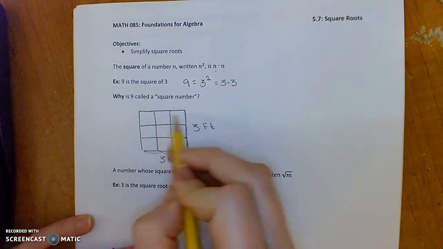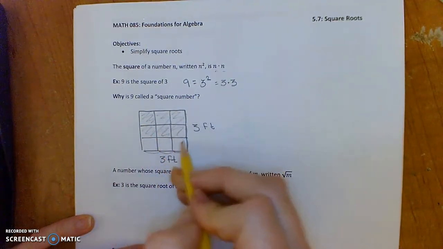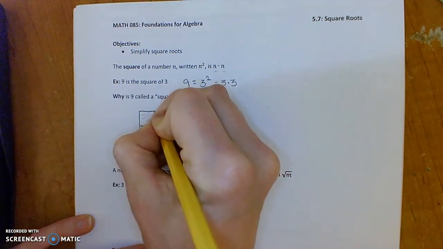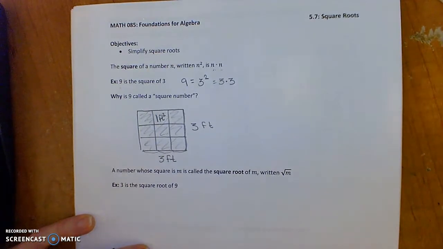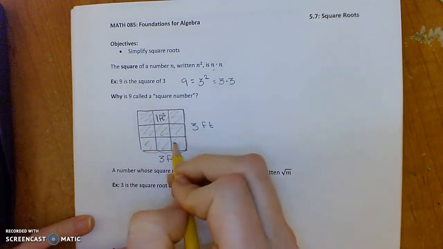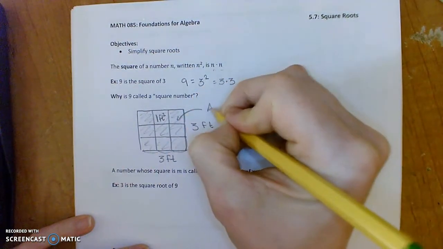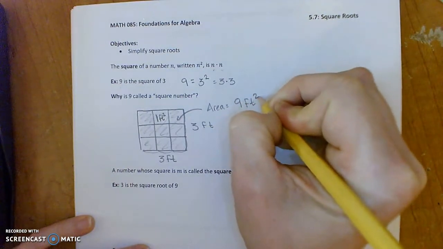There are 9 little squares inside. Each square is 1 foot by 1 foot, so this is 1 square foot right there. There are 9 of these square feet taking up the inside of the square. So we say the area is 9 square feet.